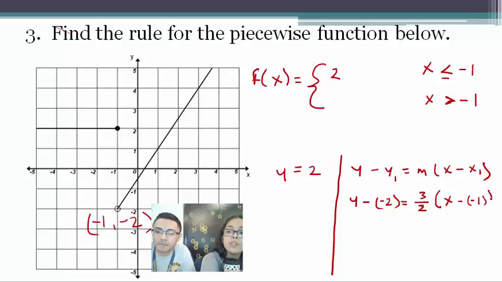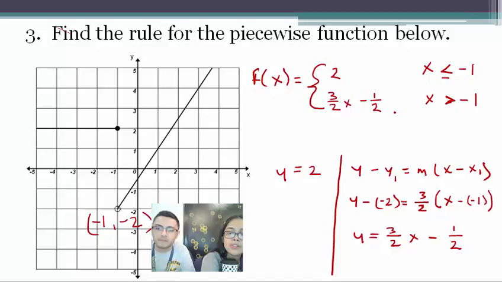Nice. And then when you do your distribution, your addition, your subtraction, you should have y equals 3 over 2x minus 1/2. So you write that in your brackets. Nice. Now you solved the second one.